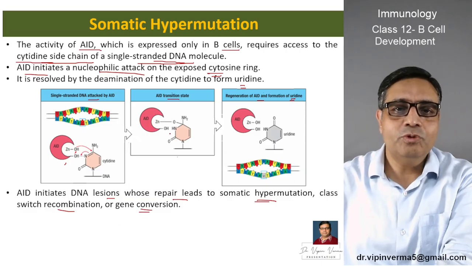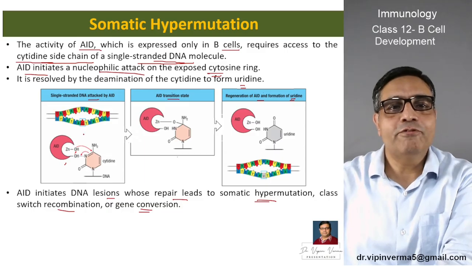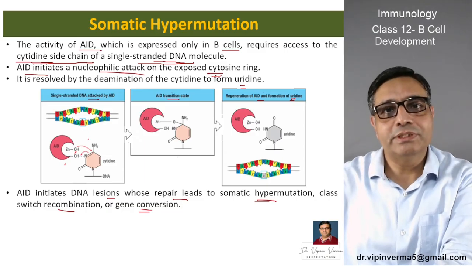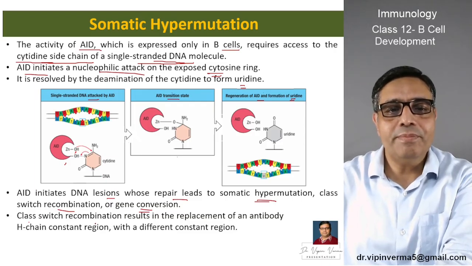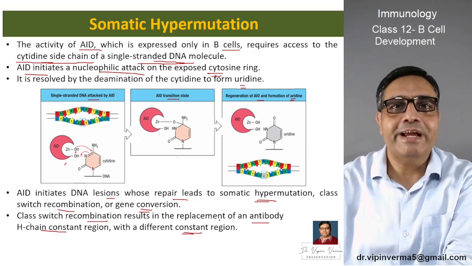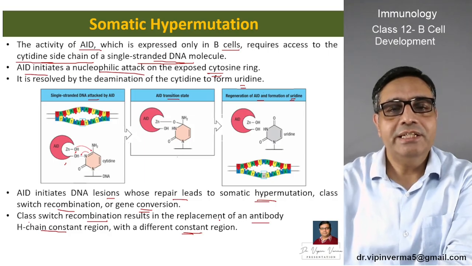So basically it is causing a single stranded DNA nucleophilic attack, and then during the repair there are chances that there would be point mutations, and that produces the variability, or the somatic hypermutations. Class switch recombination results in the replacement of an antibody heavy chain constant region with a different constant region. You remember we have the 5 different types of heavy chains: IgM, IgA, IgG, IgD and IgE.